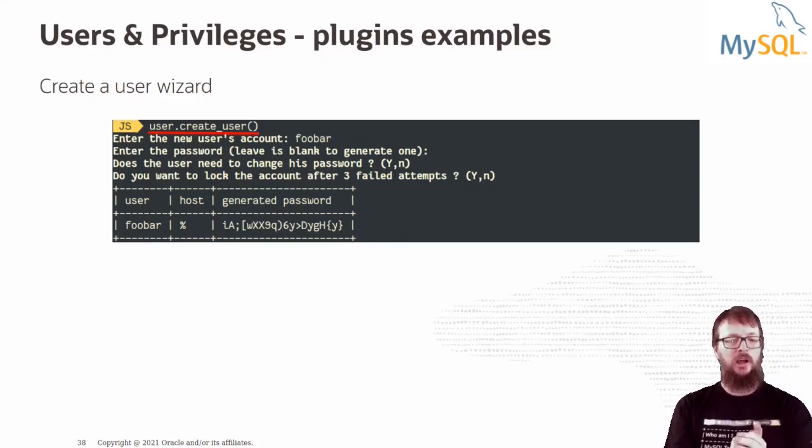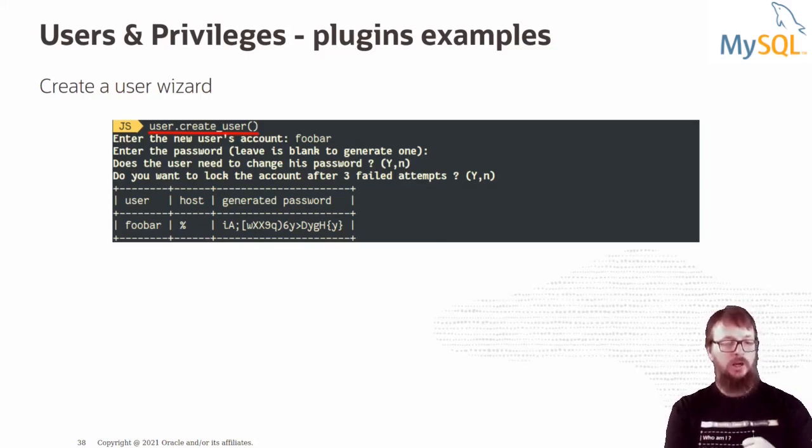So here I left it blank. The user needs to change the password. I left the default, and it has to change after 3 failed attempts. And this is the generated password that you have to send to the user, and then they will be able to connect and to change their password, right?